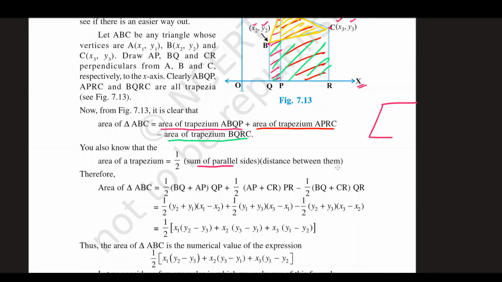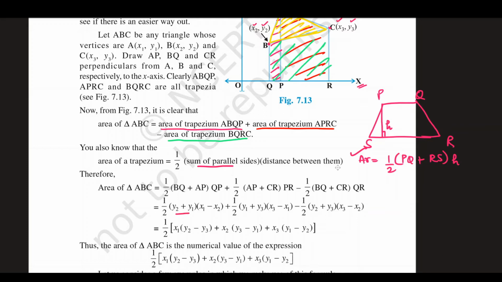So if we have a trapezium PQRS and this height is h, the area of PQRS is equal to half into PQ plus RS into h. We are using this formula.